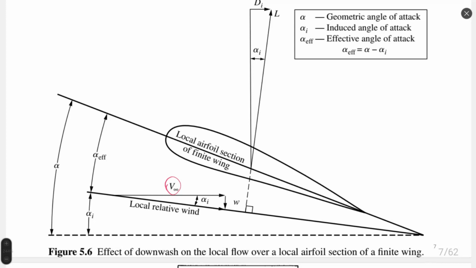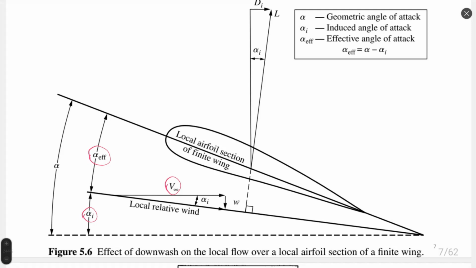And this alpha is divided into two angles, alpha effective and alpha I, induced. Since a wing tip vortex is present, we always represent the losses related to this vortex as some quantity or velocity associated with it.